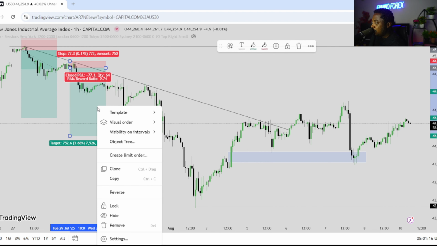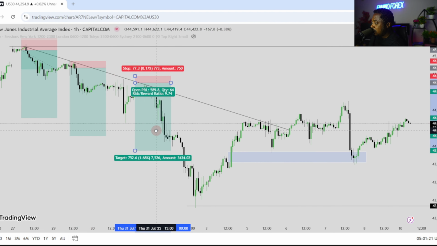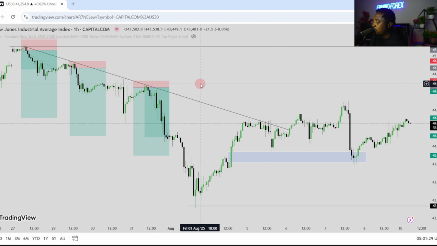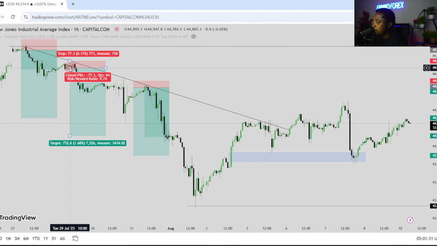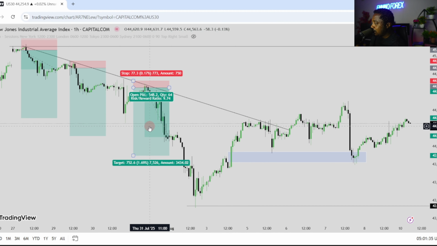Another example is trader C sells from this zone here. Their stop loss is definitely going to be a few pips above here. So now we have stop loss here, stop loss here, stop loss here, and the same thing with this region here.